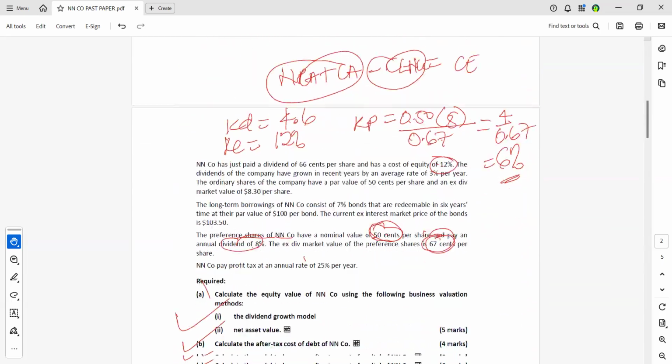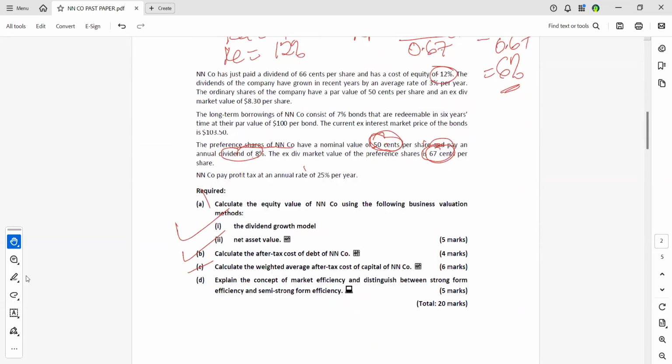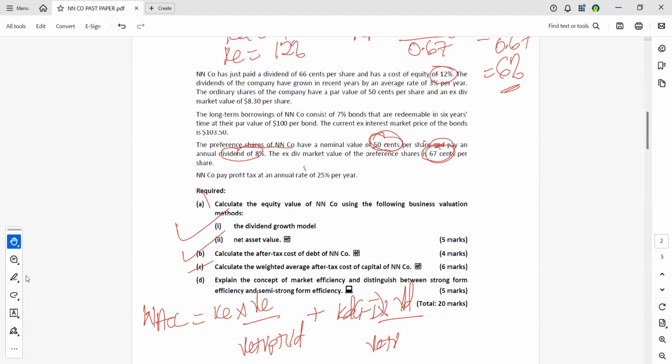So the WACC is going to be KE times the value of E over value of E plus value of P plus value of D, you see, it's going to be lengthy, plus KD (1 minus T) times value of D over value of E plus value of D plus value of P. Then the last one, KP times value of P over value of E plus value of D plus value of P. So this is the formula.